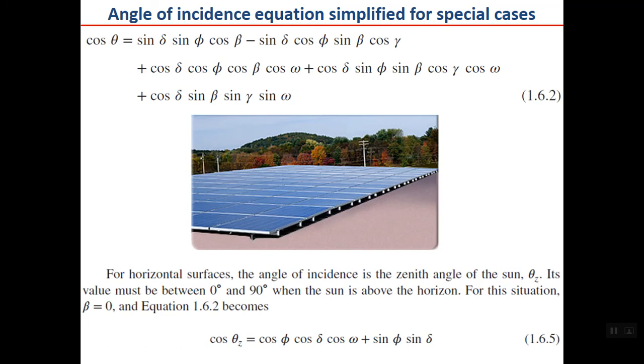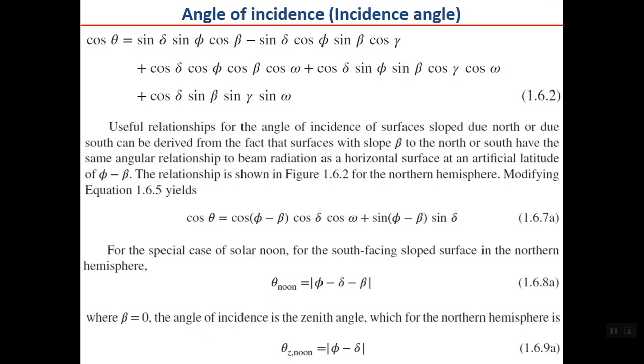But in some cases, especially for locations which are near to the equator or on the equator, when phi is 0, the sun is always overhead, and horizontal may be the best angle, but you should take care of the cleaning problem in this type of installation.